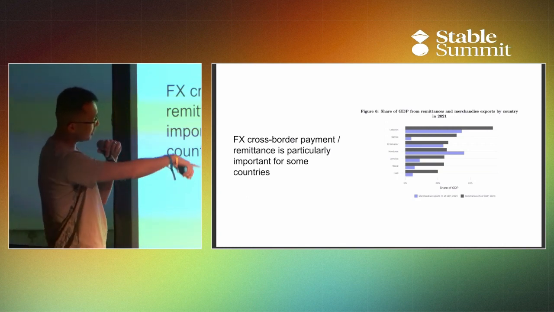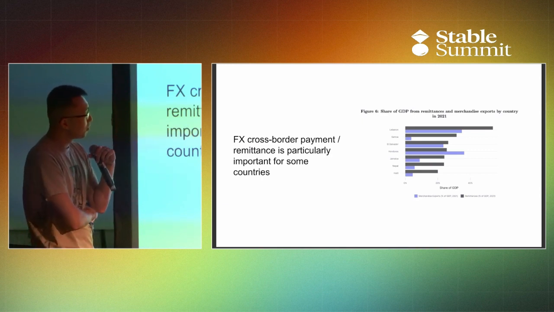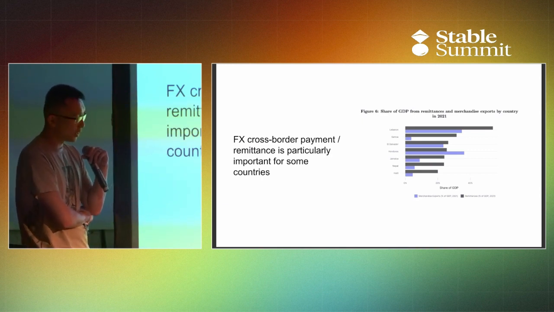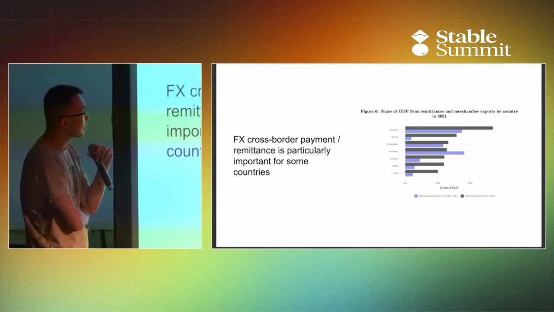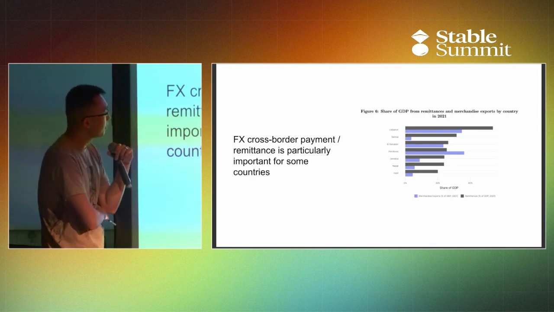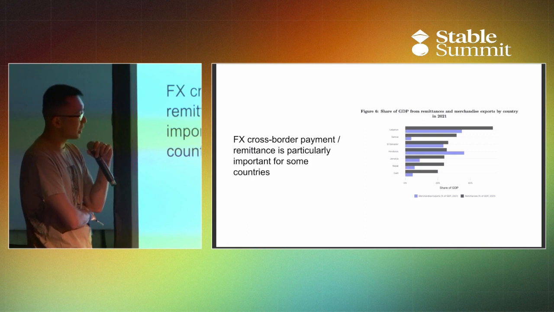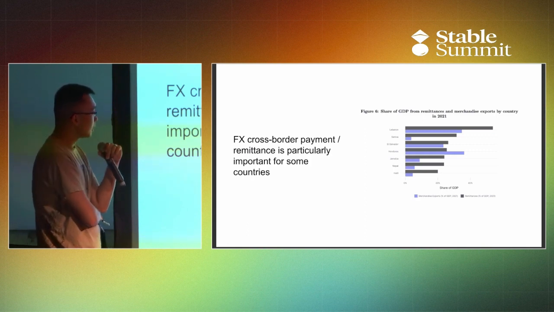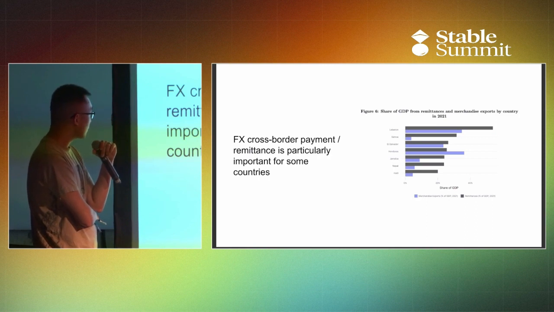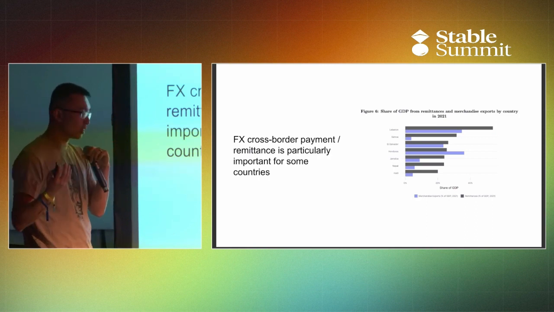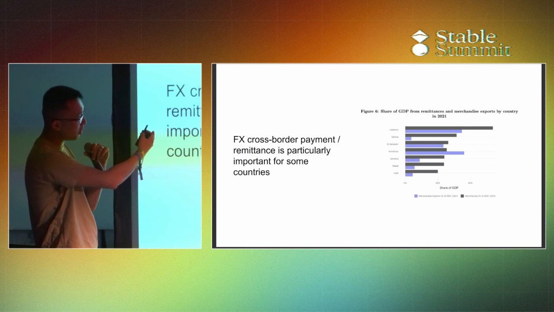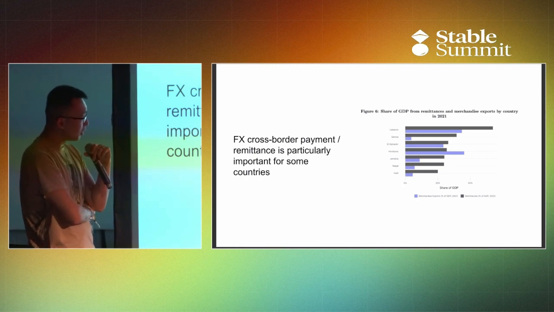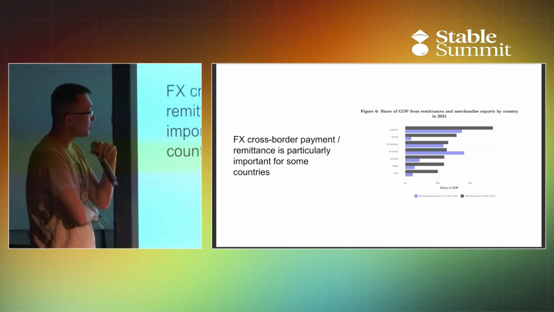So I'm listing the countries that are most heavily affected in terms of their share of GDP. You can see some countries have over 40% dependence of their GDP on remittances. So it makes a lot of sense to reduce this cost as low as possible, because you're really helping the people who are in need here.